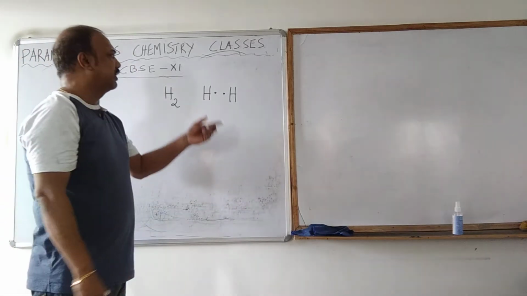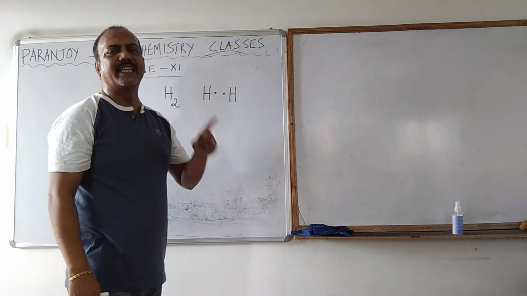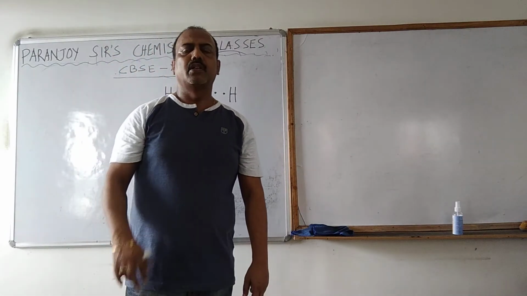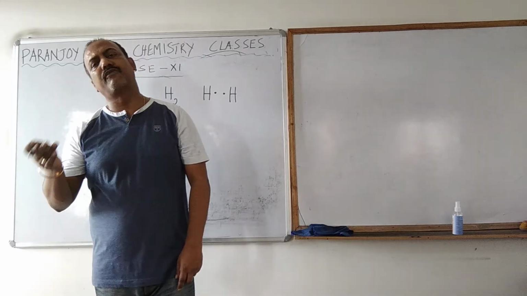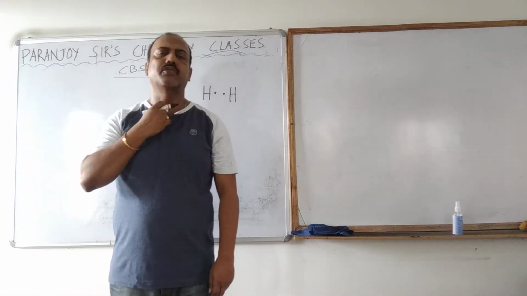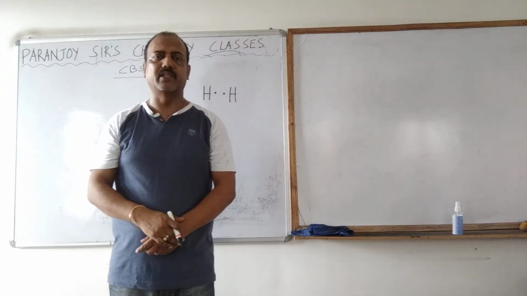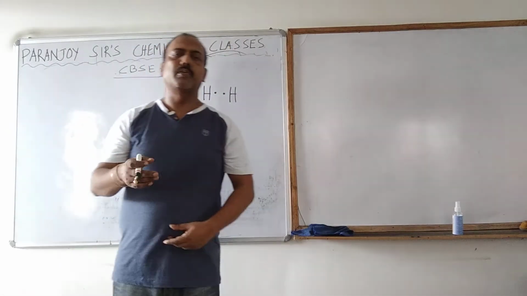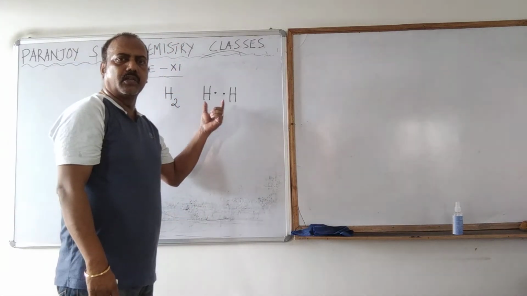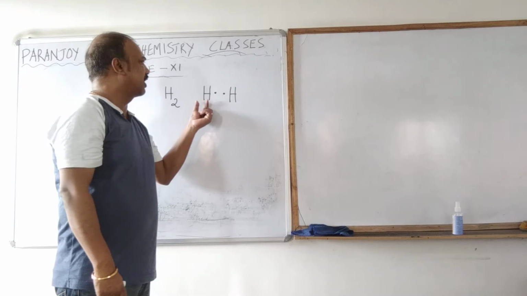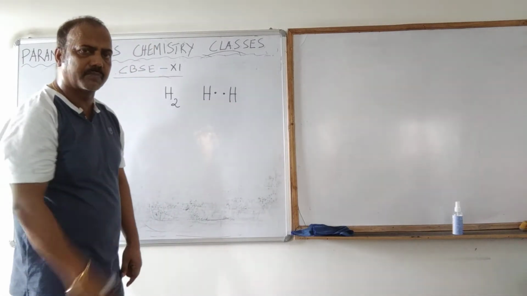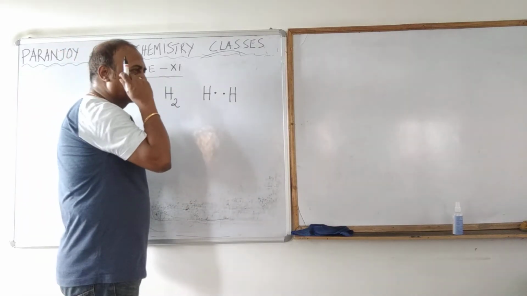Here the hydrogen will try to gain the electronic configuration of the closest noble gas. Closest, I don't mean in terms of the periodic table, but the immediately next noble gas, which is helium, which has 2 electrons. So each hydrogen will try to have 2 electrons, and that is possible only if these 2 electrons are shared.